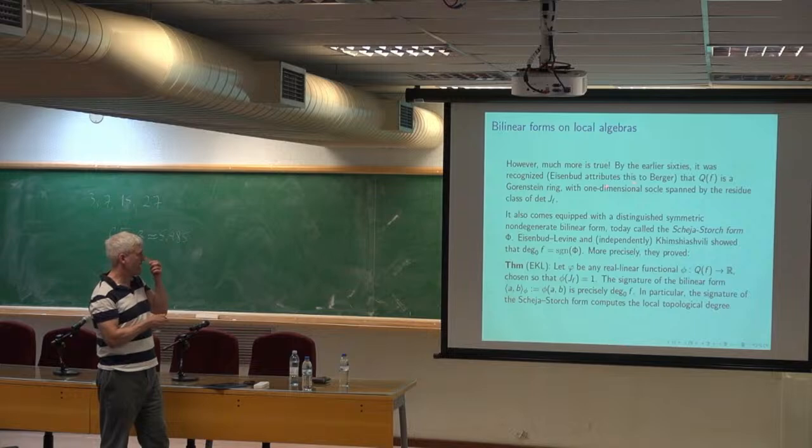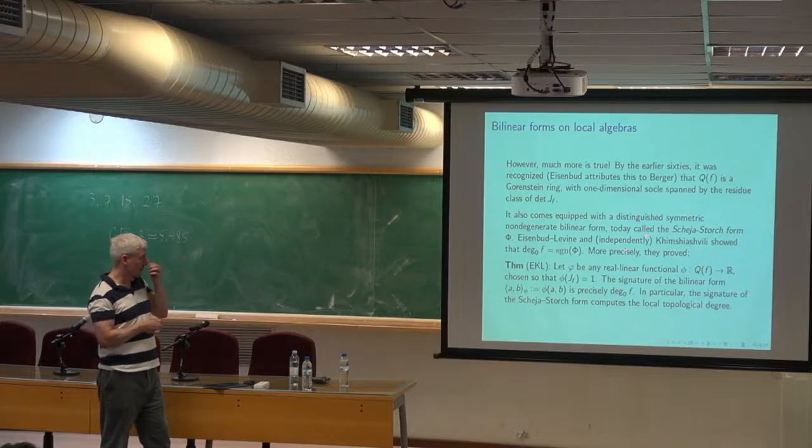In particular, it has a one-dimensional socle that's spanned by the residue of the determinant of the Jacobian of the mapping germ. So we'll see what this means in a concrete case in a second. I don't want to belabor the definitions yet, but we'll see what this means in an example.